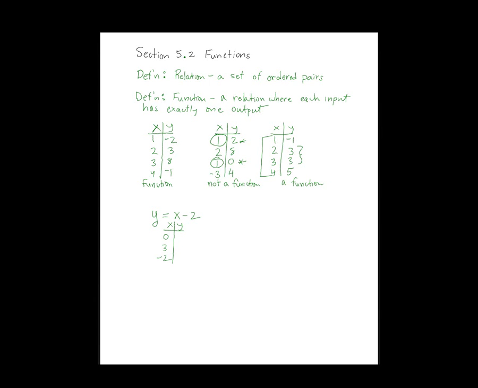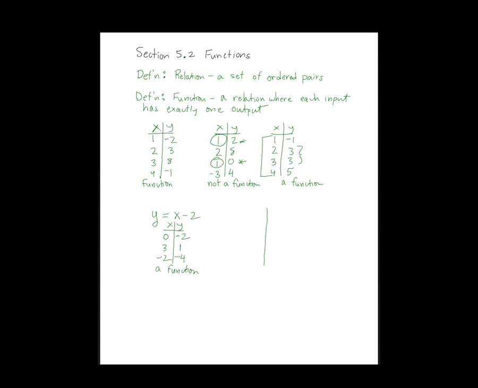If I plug in 0 for x, y would be 0 minus 2, which is negative 2. I get one answer. If I plug in 3 for x, I get 3 minus 2. That's 1. If I plug in negative 2, I get negative 2 minus 2. That's negative 4. So we notice that no matter what number I plug in for x, I'm only going to get one unique answer for y. So yeah, this one is a function.